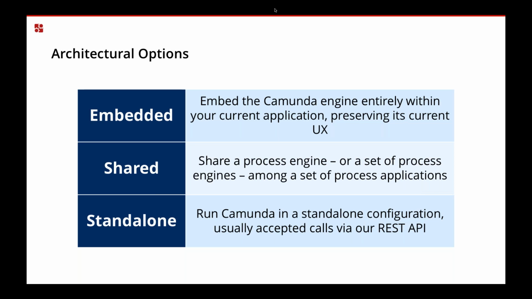The other two ways to use Camunda are to use a shared process engine or a container-managed process engine, or a standalone process engine. These are both within application servers. If you use the shared or container-managed approach, you are able to share your process engine or your set of process engines across the applications or the WAR files that you have deployed on top of your application server.